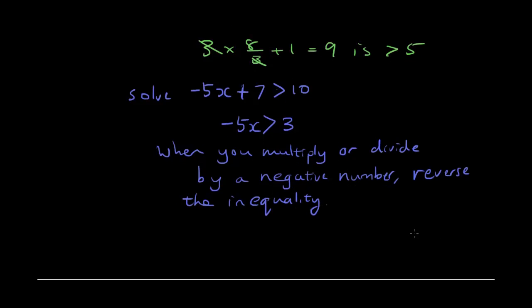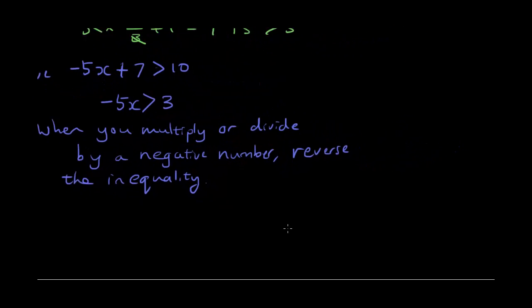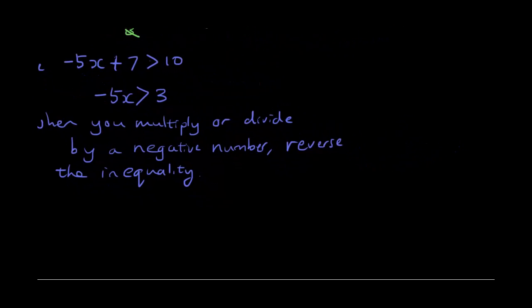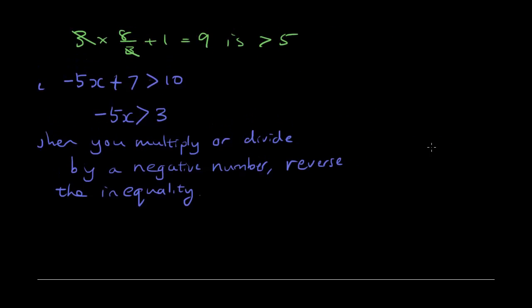Now, I'll just explain with another example why we do that. For example, if you have 5 is bigger than 3, and you multiply both sides by -1, so 5 times -1 and 3 times -1, you end up with -5 and -3, and which one is bigger?